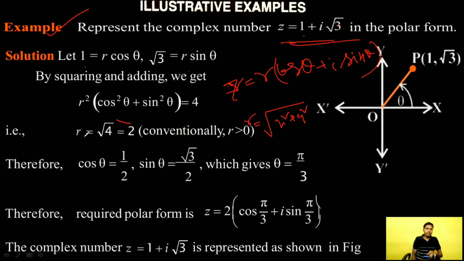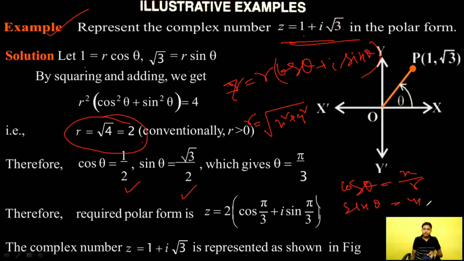Here r is equal to 2. Cos theta is x divided by r, and sin theta is y divided by r. Y is root 3, x is 1 and r is 2. This theta is equal to pi by 3, because this theta lies in the first quadrant. Clear? So this is the polar form of the complex number.